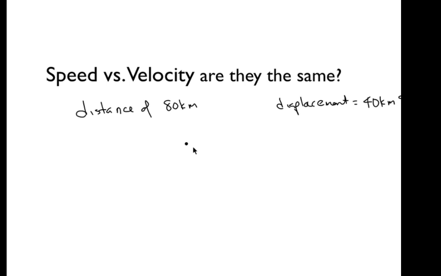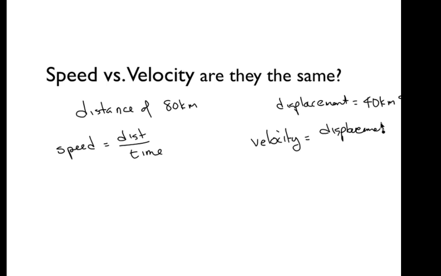So speed is equal to distance divided by time. So how long did it take you to get there? Velocity is going to equal displacement, all divided by time. So you can see they're very closely related. They're both a distance type thing over time.